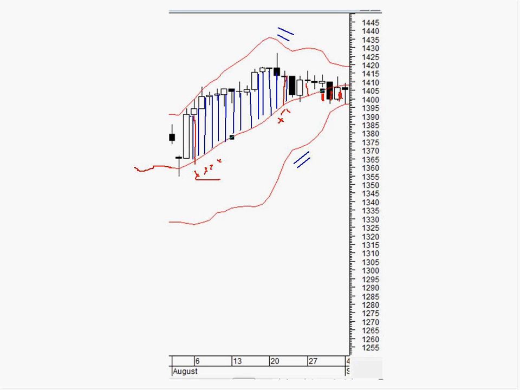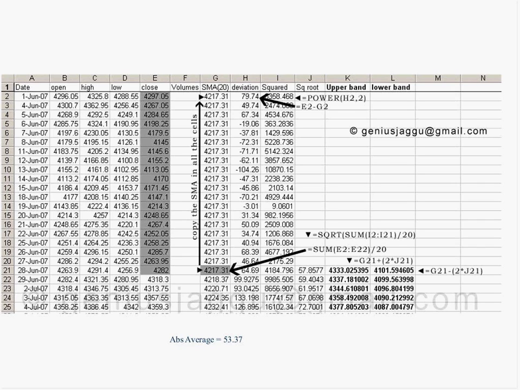We're going to have an absolute average. So here's what we're doing. We're down here on day number 20, but because number 1 is taken up by the heading, we count it. So I-21 here represents day 20.